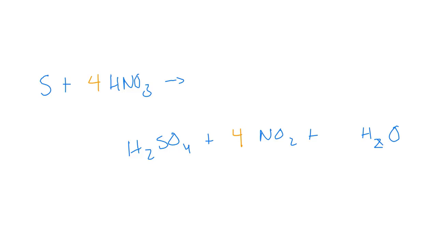Okay, and so let's see how that changes our number of oxygens. Now our nitrogens are balanced. So far, our hydrogens are still balanced. So we have 4 times 3, so we have 12 oxygens on the reactant side. See how many oxygens we have on the product side. We have 4 plus 8 is 12. And then we have 1 more, making it 13.